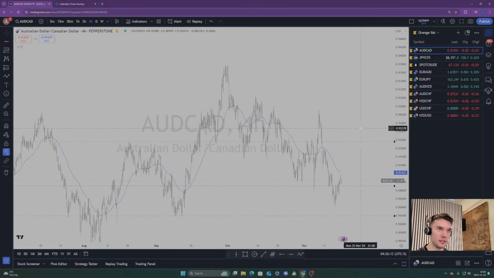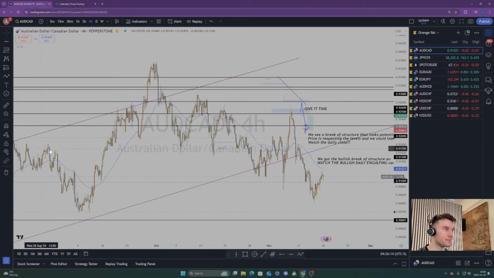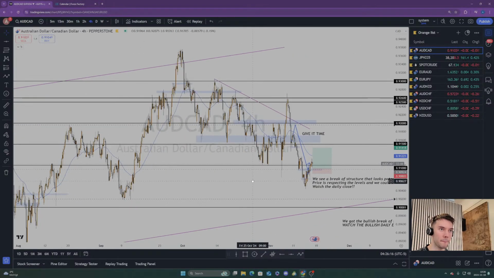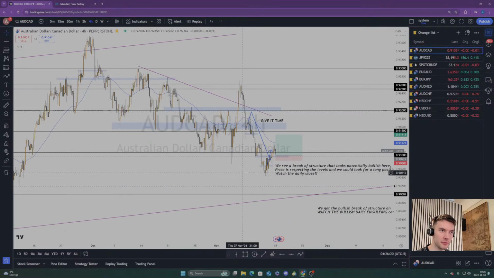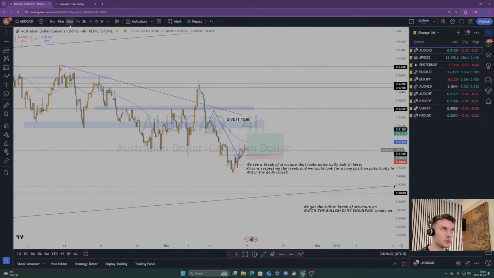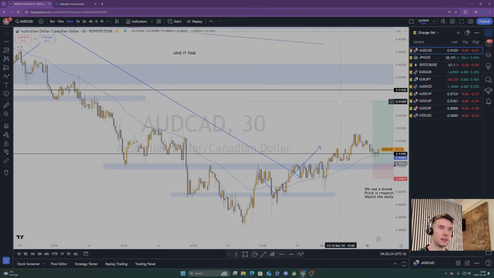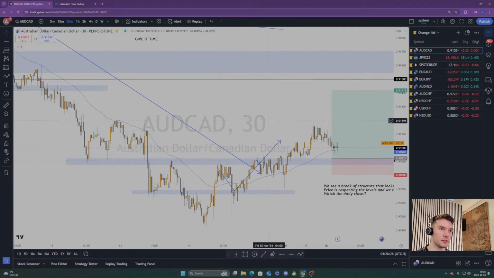So let's see, the idea here, reversal to the upside. Yeah, so what we're looking at here is, I actually outlined this last week.